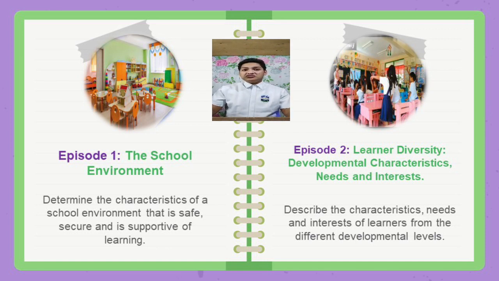And then the school visual environments must also be instructional, something informative that can help the learners learn easier.